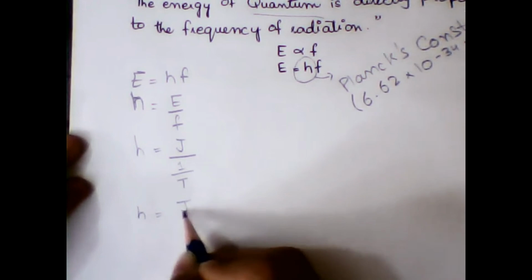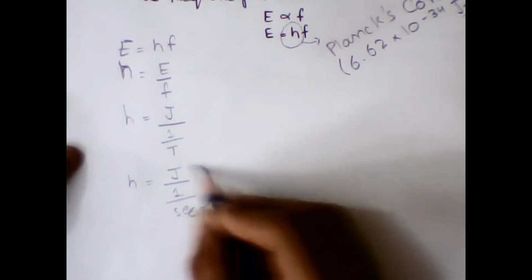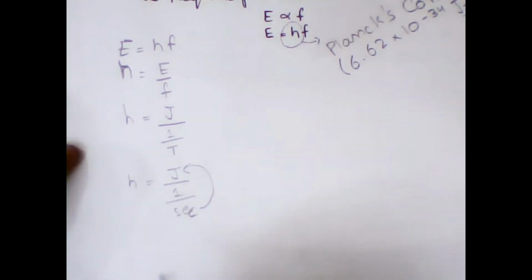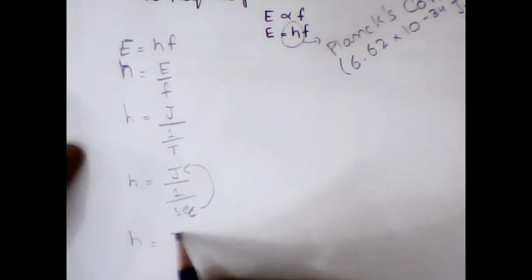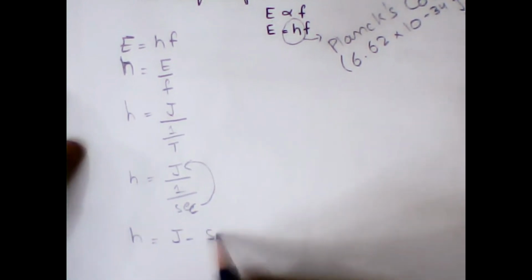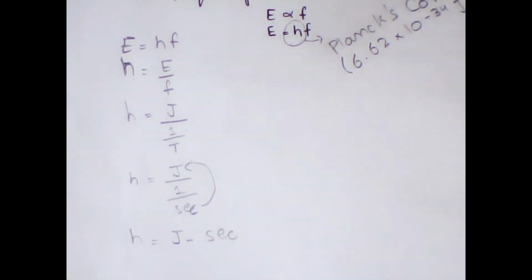Time is measured in seconds, so 1 over seconds. Doing simple and basic mathematics, we can derive the units as joules into seconds. These are the most common units of Planck's constant.